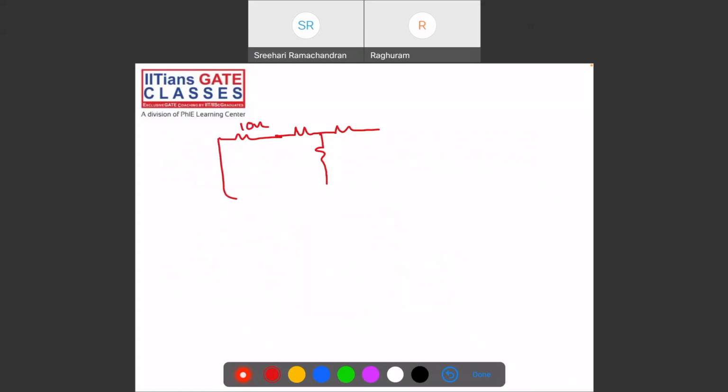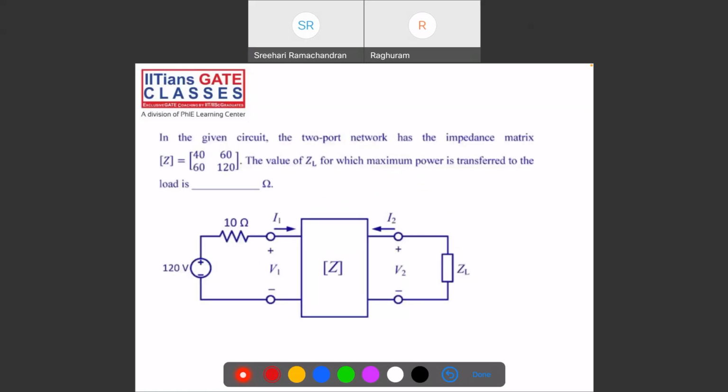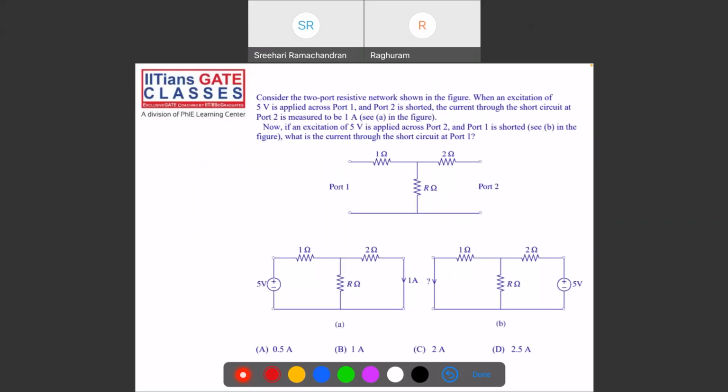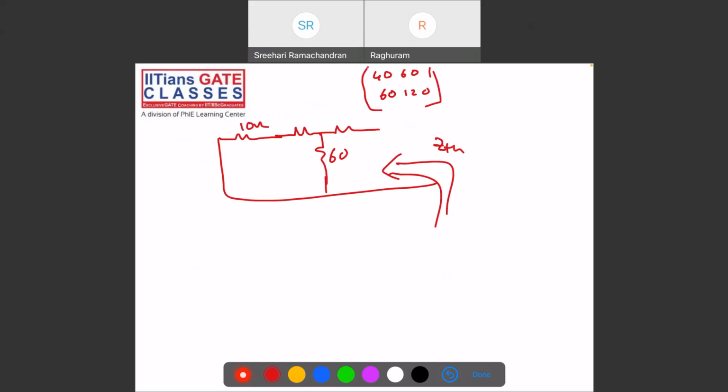And short this. Find the Z terminal here. As simple as this. Tell me the T equivalent. What is 40, 60, 60, and 120? So the T equivalent, tell me this value.